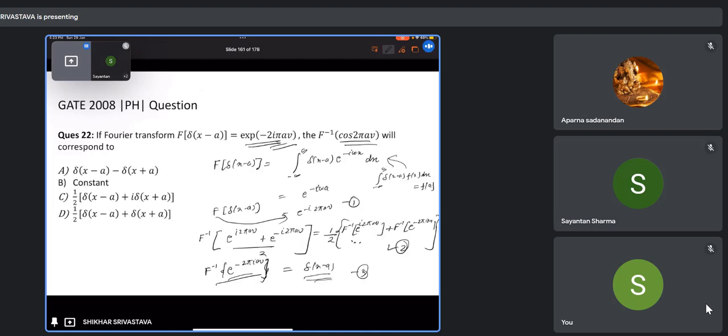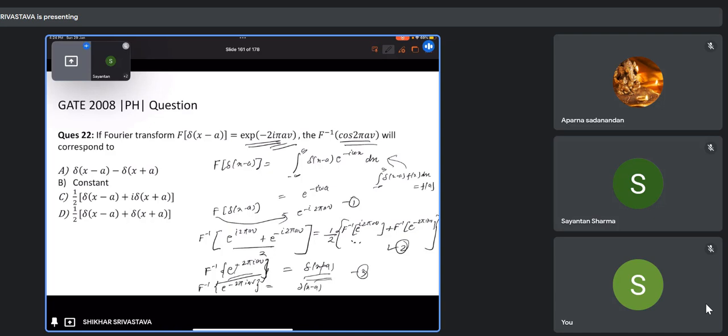So we've just used equation 3 and equation 2. Here your positive sign, so you just replace this positive a with minus a, so it will become del of x plus a. And hence the Fourier inverse of exponential minus 2 pi i a nu is del of x minus a.